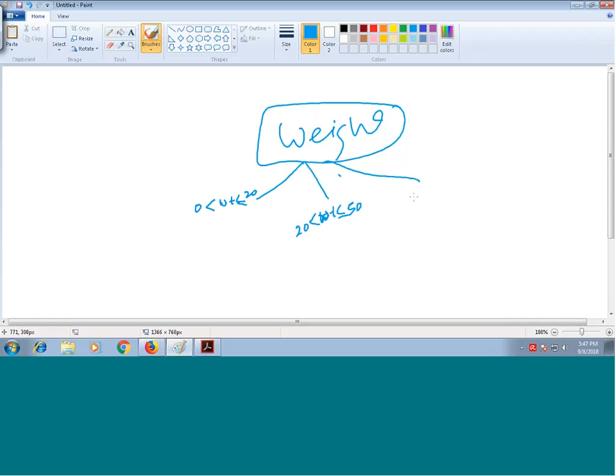Another category could be greater than 50 kg and less than or equal to 100 kg. So essentially, weight is less than 20 kg, weight is 20 to 50 kg, and weight is greater than 50 kg. These are three categories you can form in a similar way. Is it clear? This is one way.